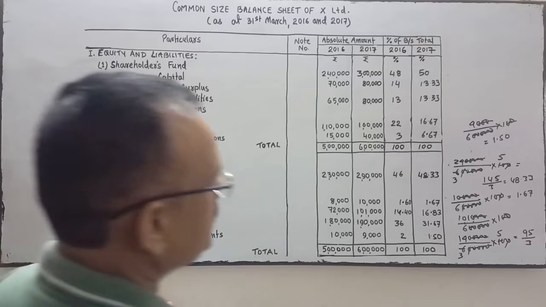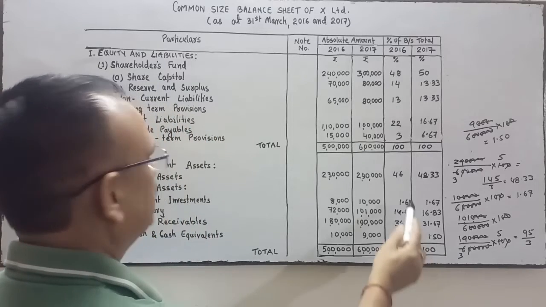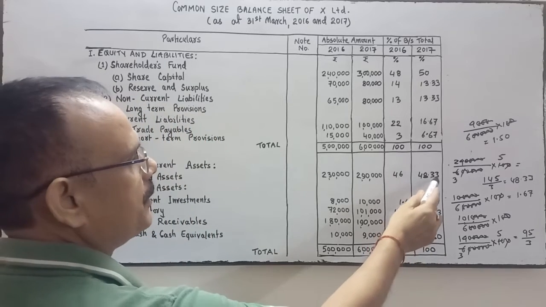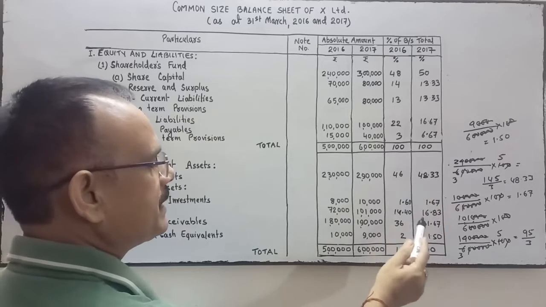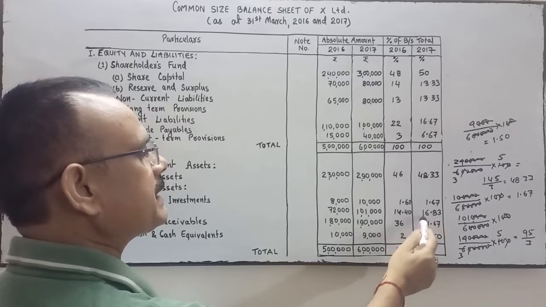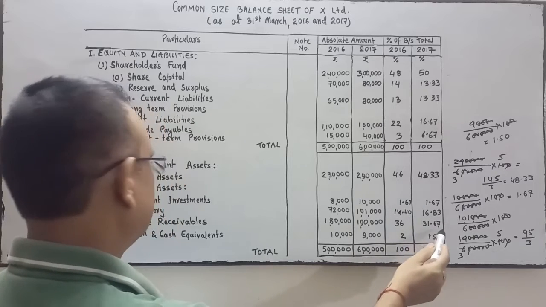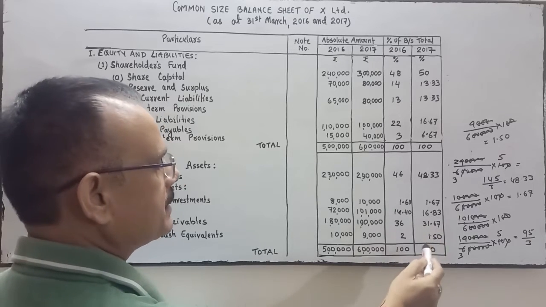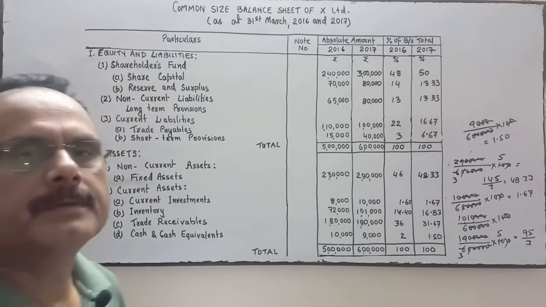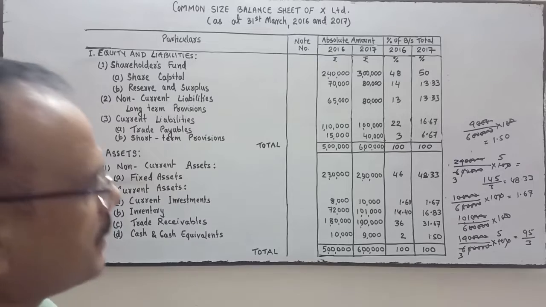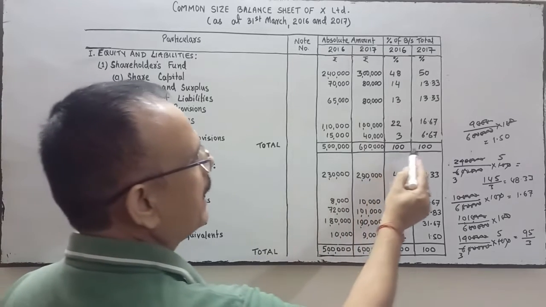So in comparison to total assets, the fixed assets percentage is 48.3, current investment percentage is 1.67, similarly inventory percentage is 16.83, trade receivable is 31.67, and cash equivalent is 1.50. So we'll calculate the percentage taking 100 as base.